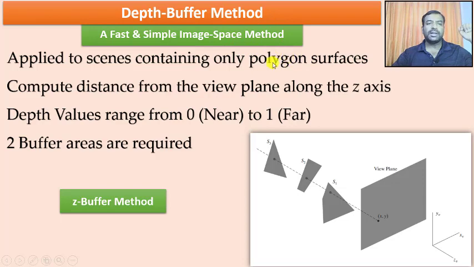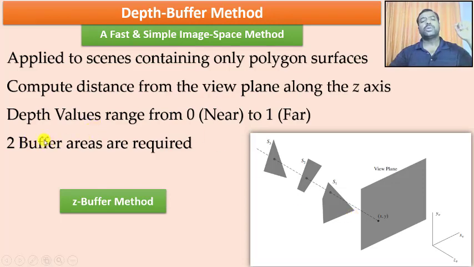This method is applied to a scene containing only polygon surfaces, in which we compute the distance from the view plane along the z-axis. This is the view plane and this is the z-axis. We are going to compute the distance of surface 1, the distance of surface 2, the distance of surface 3, and depending upon the distance, we compute whether the surface is near or far, front or back.